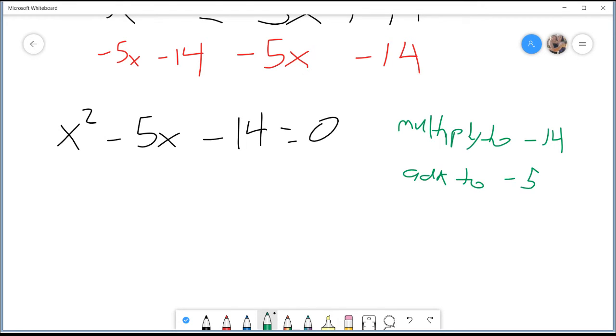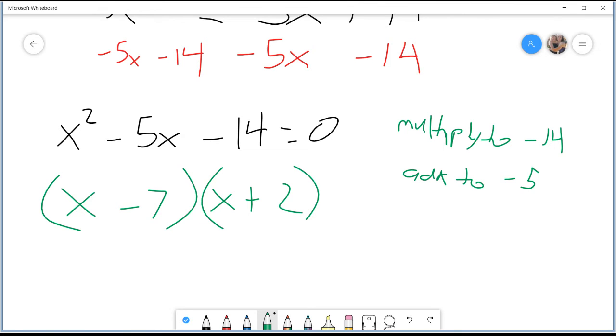So multiply to negative 14, all we have is 14 and 1, and 7 and 2. So it looks like we're going to pick 7 and 2. And since we want to add to a negative 5, we want the 7 to be negative. So we have a minus 7, we have a positive 2, put in the x's, put in our parentheses.